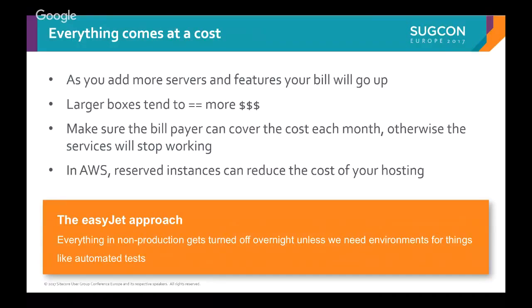So they help in some situations, but yeah, be careful. We're not using those at the moment because we're still changing our infrastructure so much. What we do to save some money in our non-production account is we just turn everything off at night and then turn it back on in the morning. It's pretty simple scripts to run, and we actually use some Lambda functions, which is a sort of serverless concept, and yeah, it's very easy to do.